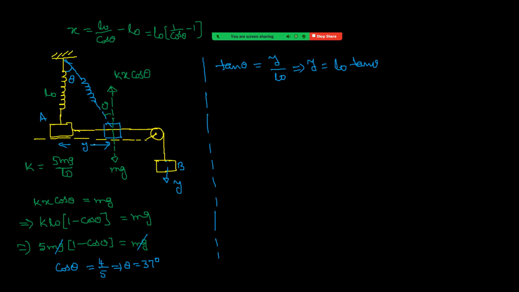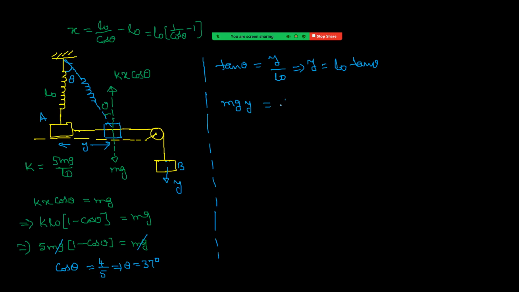Conservation of mechanical energy. It is a smooth surface. Smooth surface means there is no loss of energy. So this block B is moving down. It is losing gravitational potential energy. So I'm writing here: loss in gravitational potential energy for block B is converting into kinetic energy for B and A, and spring potential energy.